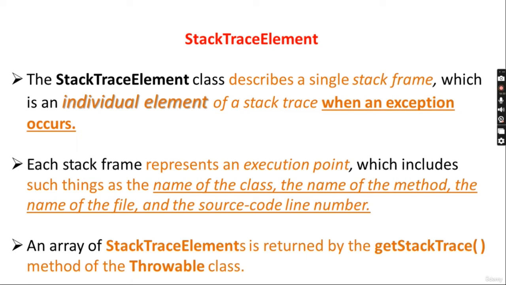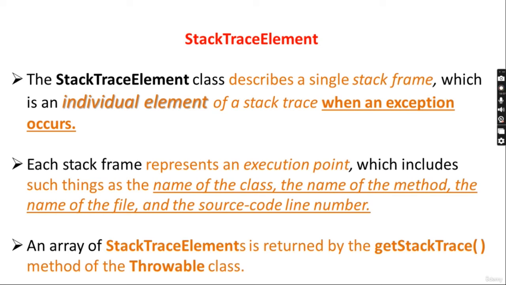When handling the exception, what do we do? We create a catch block. Okay, in that catch block, what do we write? We write Exception e. And when we want to print the complete stack trace, how will we write it? Exception object e.getStackTrace. And what will this return?